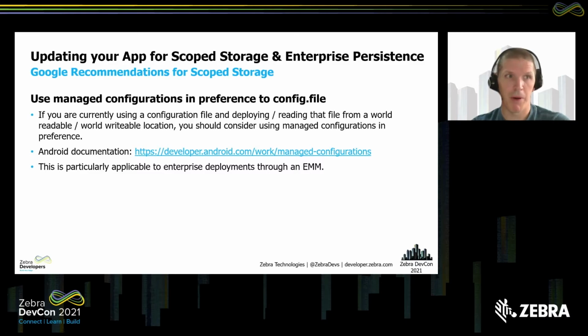They're becoming more popular with small to medium businesses, whereas previously they were only really popular with larger businesses. But yeah, use of managed configurations, I won't go into them any more here, but it just allows you to configure your app in a way that doesn't rely on loading in a config file.